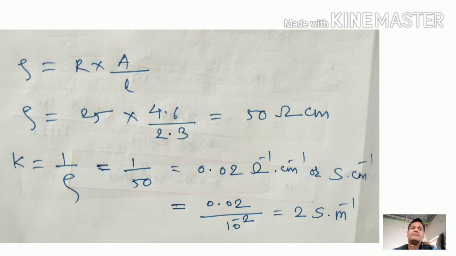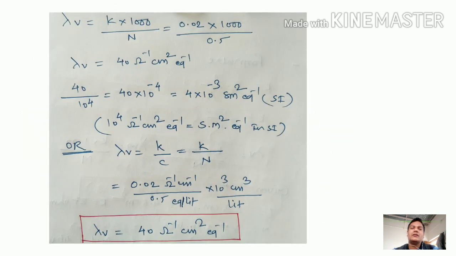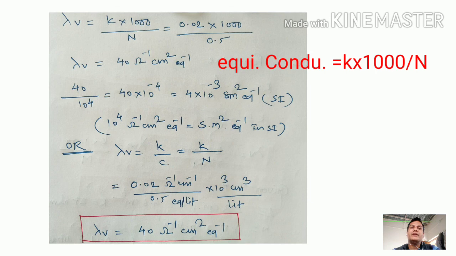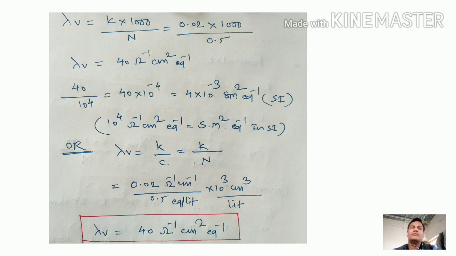Now we have to calculate the equivalent conductance. Same formula, lambda V is equal to K into 1000 by N. Put in the value of K into 1000 upon normality, that is 0.5. The value of specific conductance we just determined, 0.02, and then you will see the answer, lambda V is equal to 40.